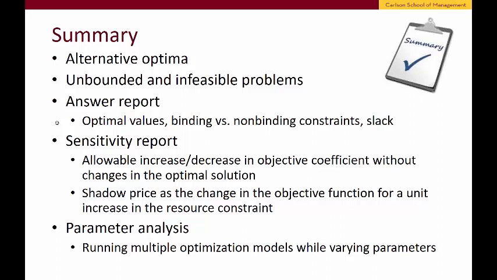Finally, the shadow price for the constrained right-hand side represents the increase in the objective function for the unit increase in the resource availability, which can provide management with valuable information on what effect increases in the resource availability would have on the bottom line. We concluded by showing how to use the Analytic Solver Platform's parameter analysis tool in the context of the shadow price example with a material constraint.